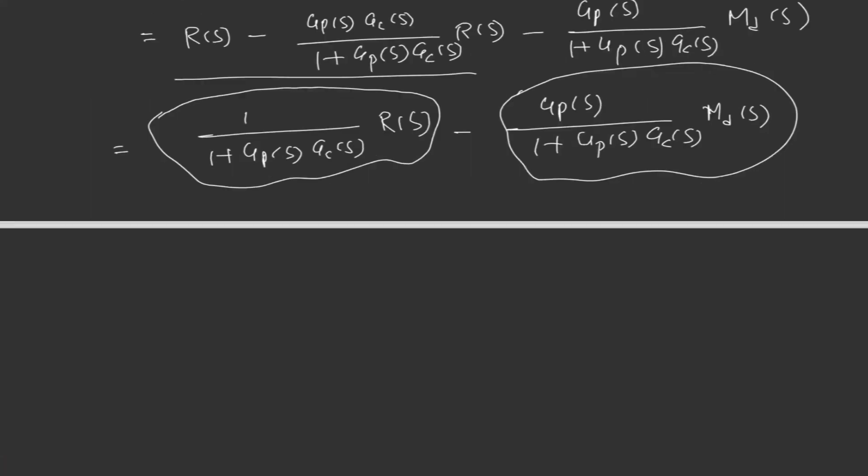Here, if you notice, RS is the test signal or the reference signal we have used. But practically, this RS may not be constant, that is R of t equal to 1, or 1 by S. This reference signal may not be constant in some cases which we would like to track.